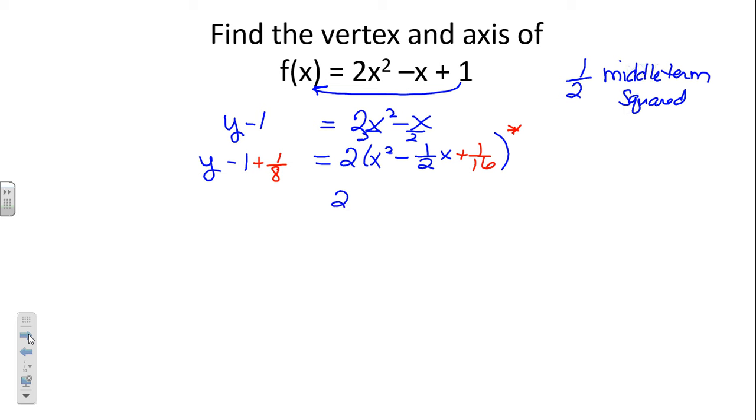So now we have a perfect square trinomial over here. X minus what? Quantity squared. 1/4. Just take the square root of your third term. Okay. And negative 1 is how many eighths?